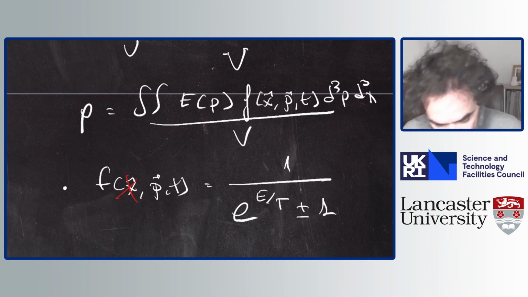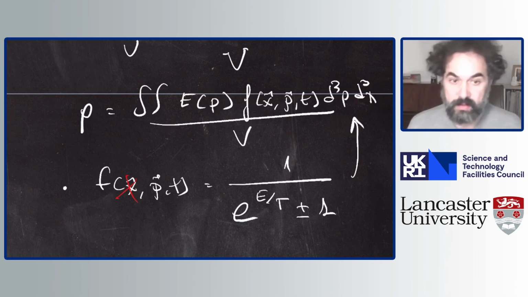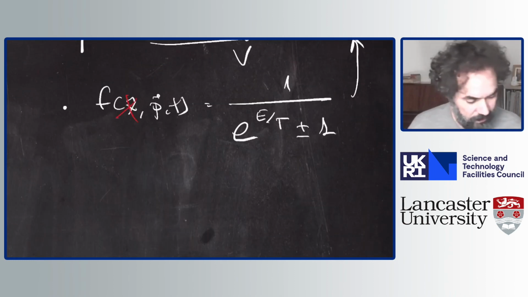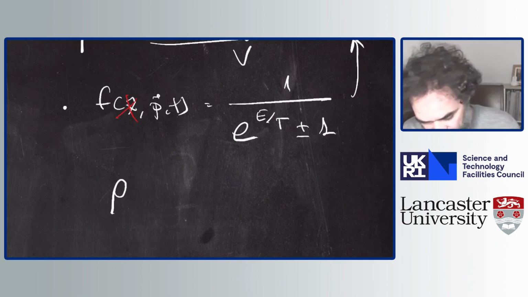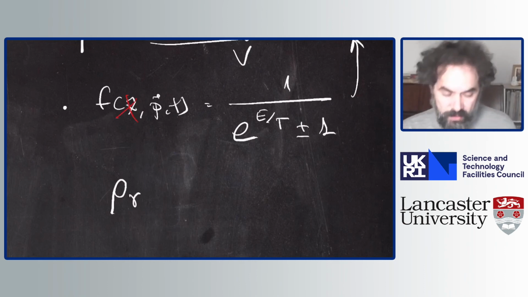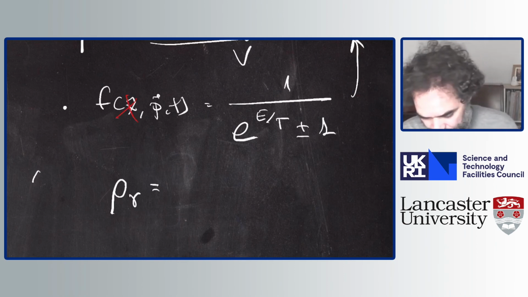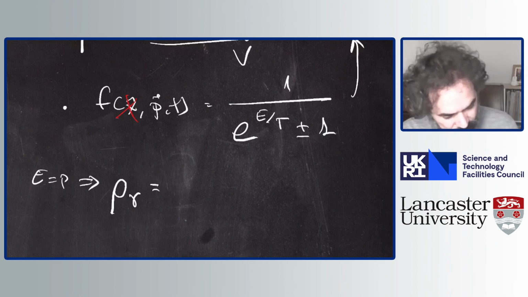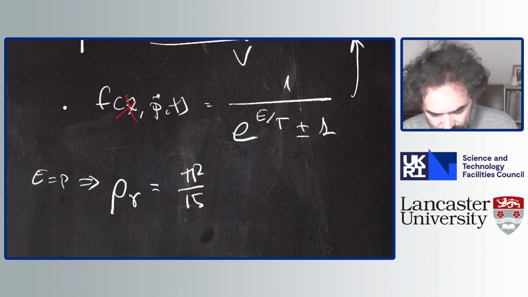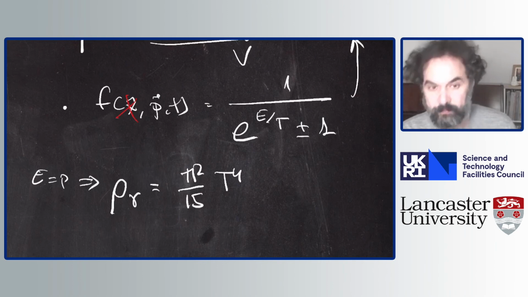Once you plug this back into these equations, you find some very important thermodynamic quantities that are not new for this module. So the energy density of bosonic particles if they are massless, so if E corresponds to p, is nothing but pi squared over 15 T to the 4.